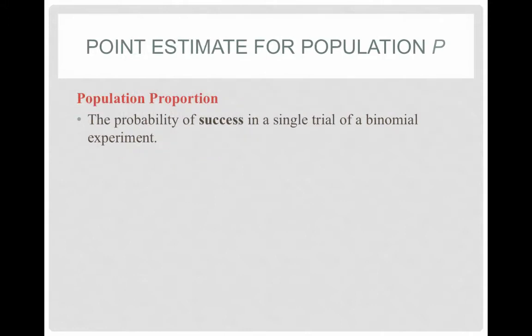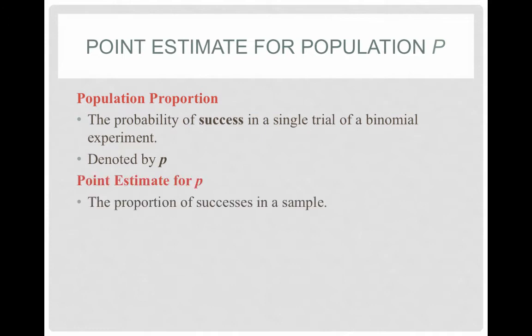The probability of success in a single trial of a binomial experiment is called the population proportion. It is denoted by an italicized little p. Sometimes you will see it used as the Greek letter rho, the lowercase Greek letter. The point estimate for p, or the population proportion, is the proportion of successes in a sample.